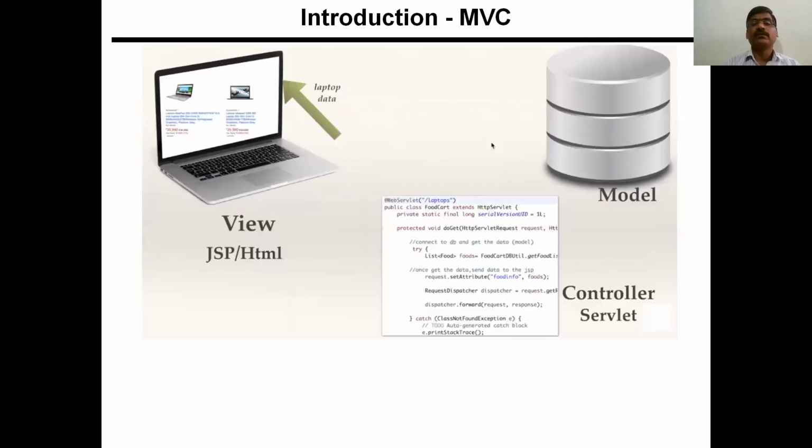Now take another example. You are using a web browser, and within the web browser you are typing a request, that is, you are typing an address, because you want the data pertaining to different laptops. So that search string you have typed in the web browser. Once you typed that request, it goes to this mechanism.